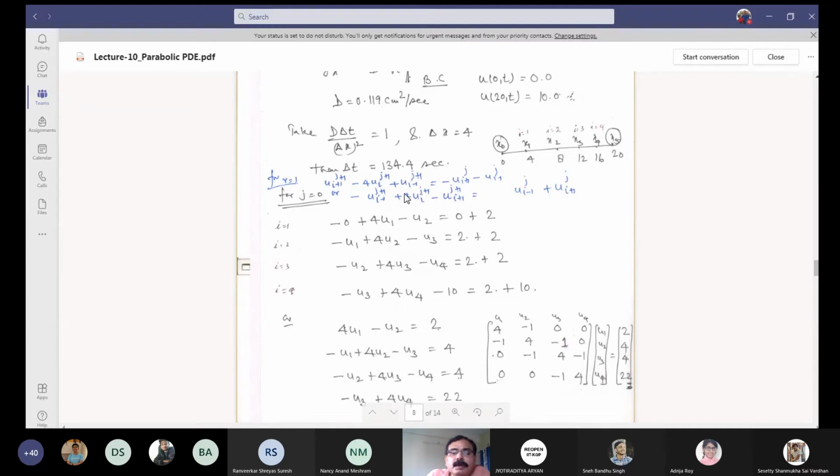So this will be i equal to 1 and j equal to 1, so it is u12 minus u22 equal to, on the right hand side, u01. u0 means again 0, the boundary condition at the first end.